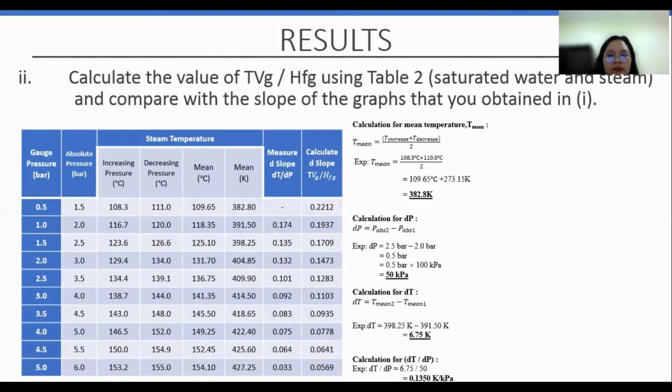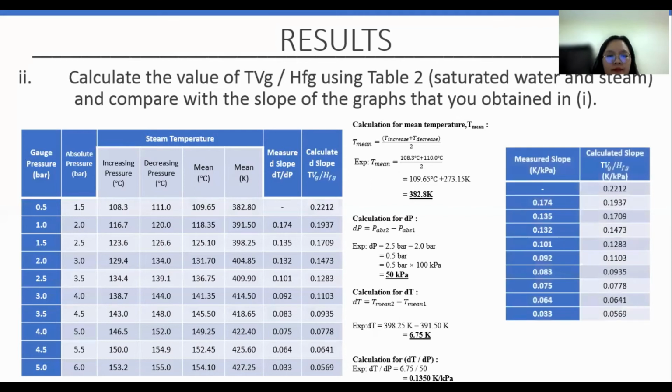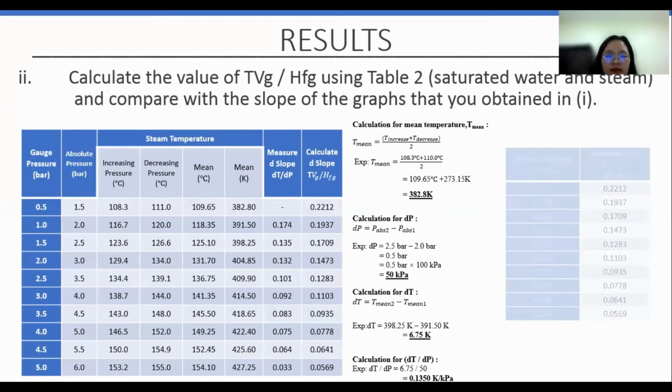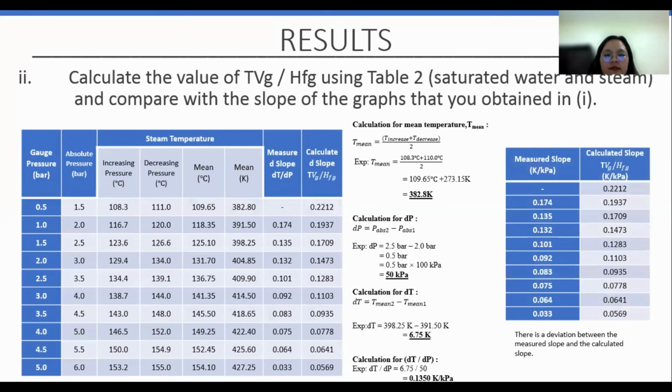For the calculated slope, we can get it by using Tmean times specific volume of steam divided by the specific enthalpy of evaporation, which is vg and hfg. Lastly, we found that there is a deviation between the measured slope and the calculated slope.